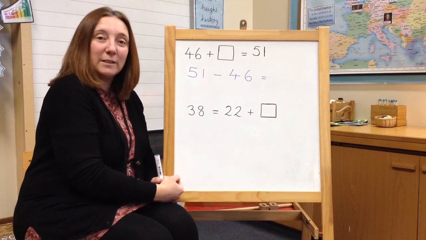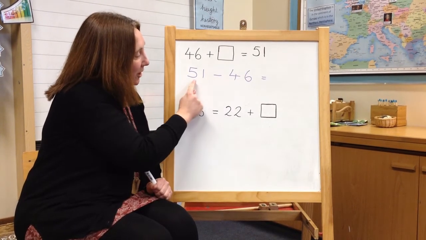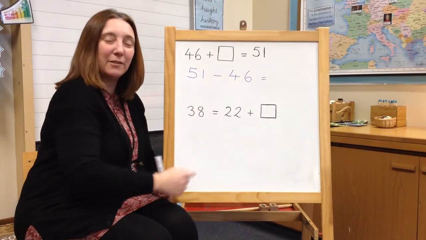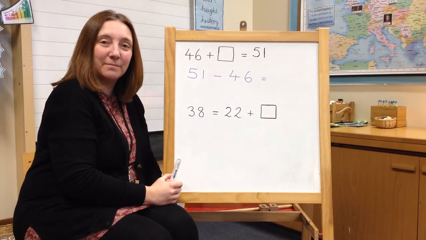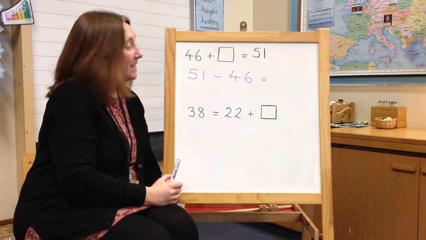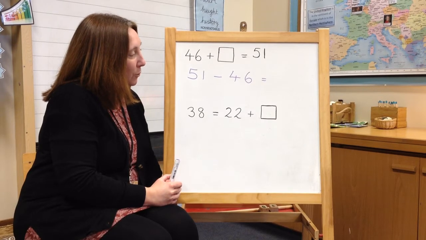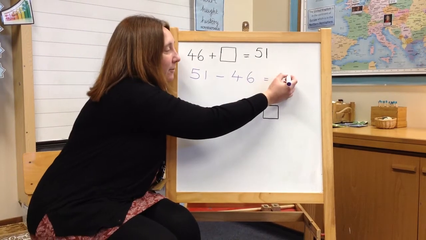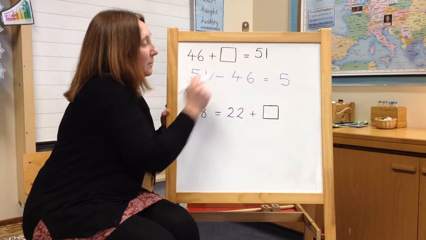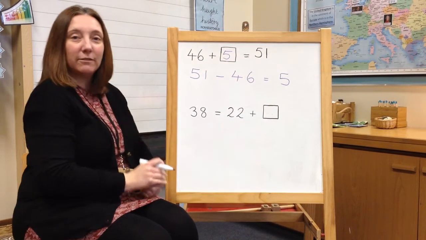Let's think about which mental method to use. It's subtraction, and what do you notice about these two numbers? They're pretty close together, so I'm going to just find the difference. The difference between 51 and 46 is 5. So the missing addend is 5.